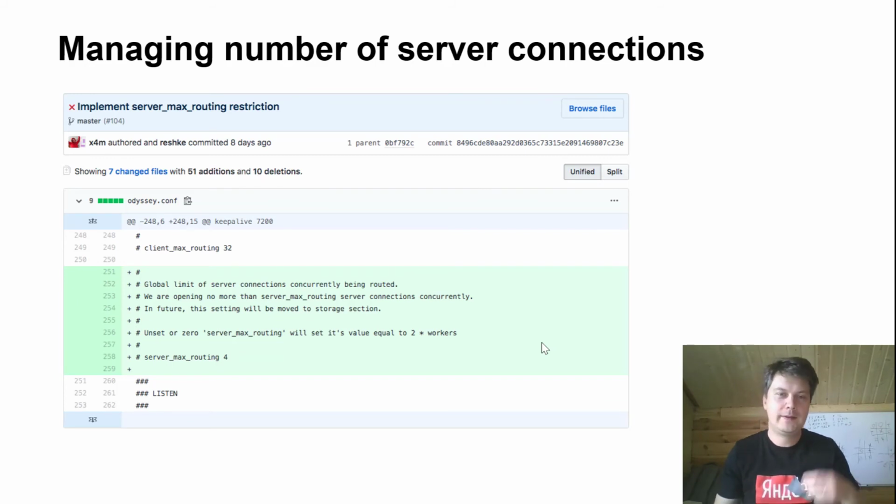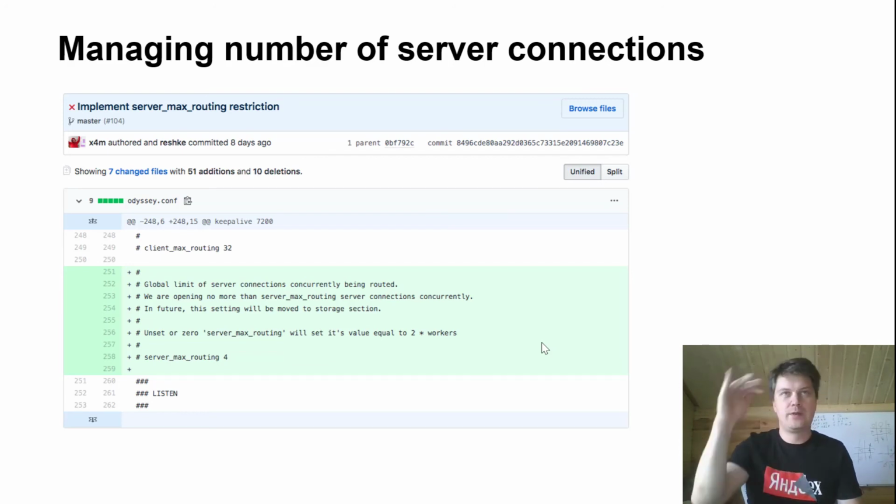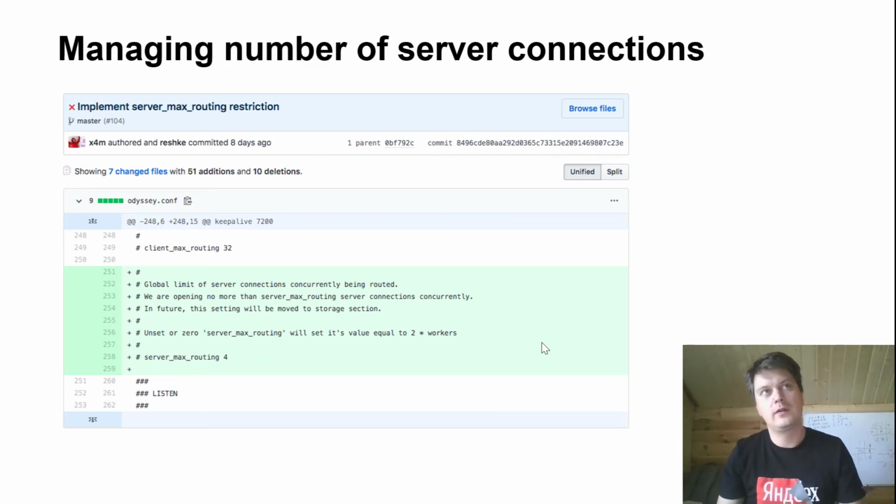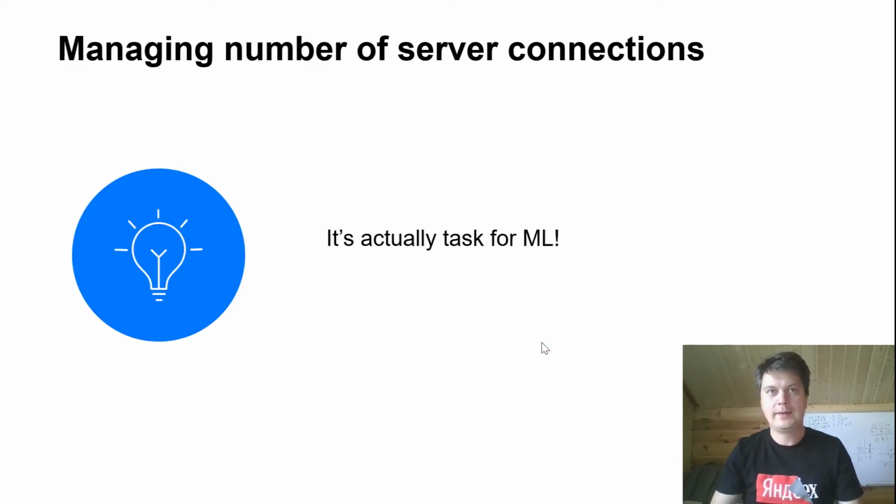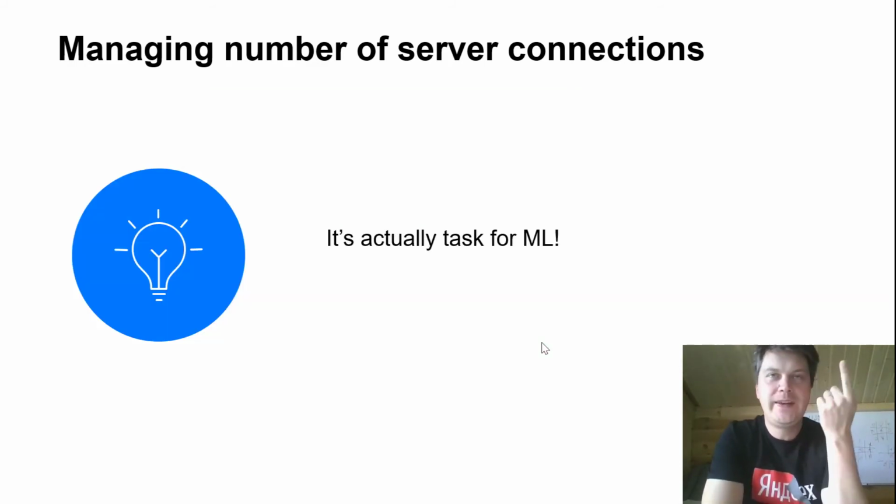And then it helps to tackle peaks of queries. And now we understand that actually predicting the number of required server connections is a task for machine learning. Why is that?